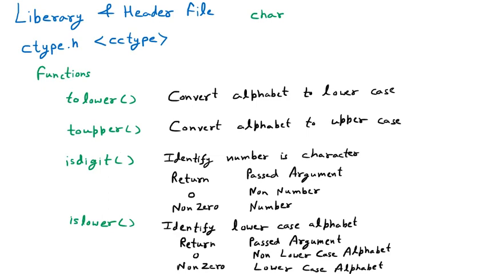So if I am saying char C, and in the C I am storing, let us suppose, capital M. Now I can say that printf, for the character I will say percentage %C, comma, we can say to lower. In bracket, if I am passing C, we know that the C is a variable.